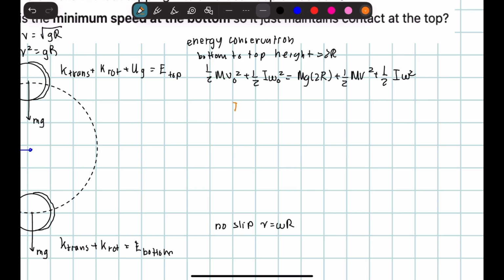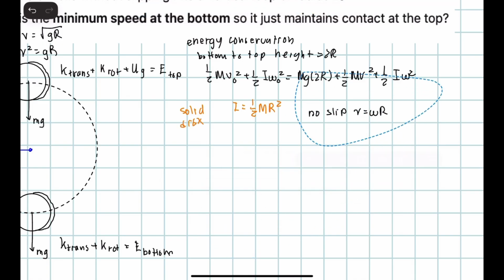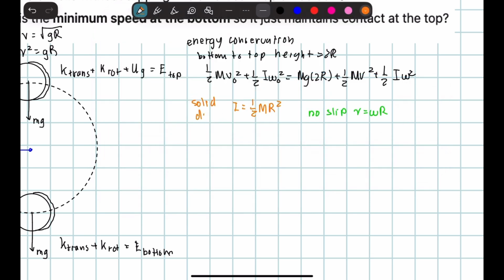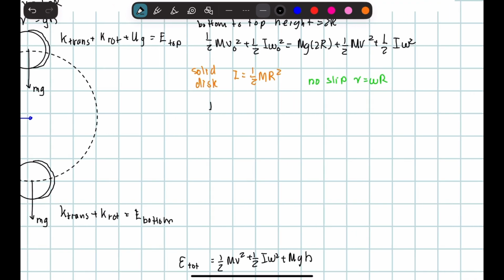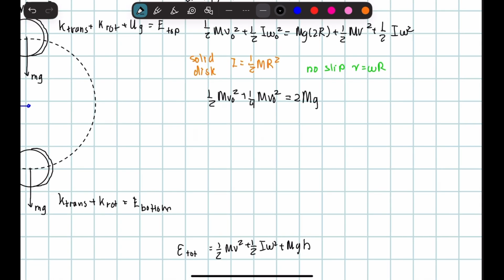Now we can substitute I is equal to 1/2 m r squared for a solid disk, and we also have our no-slipping condition, v equals omega R. So substituting that in, we have 1/2 m v0 squared plus 1/4 m v0 squared is equal to 2mgr plus 1/2 mgr plus 1/4 mgr. That's going to be 3/4 m v0 squared equal to 11/4 mgr.